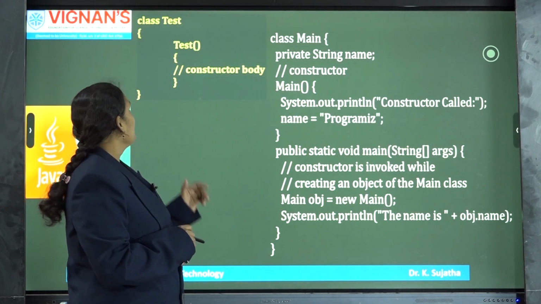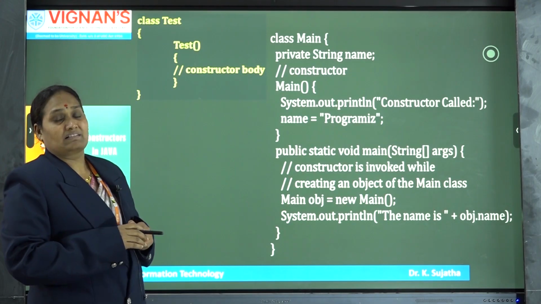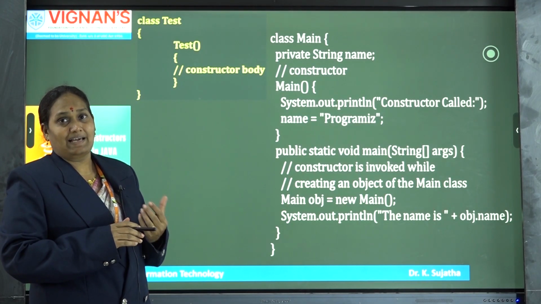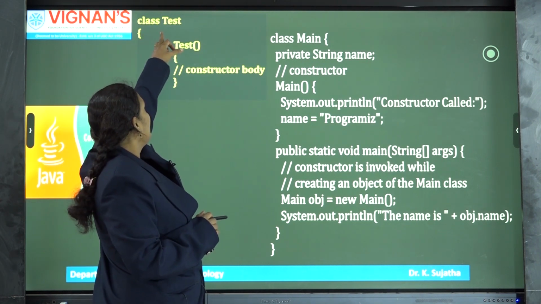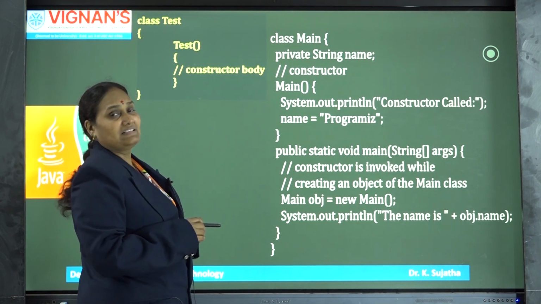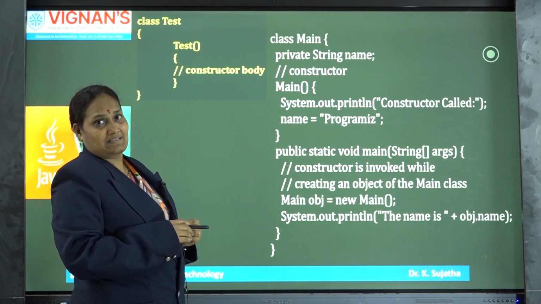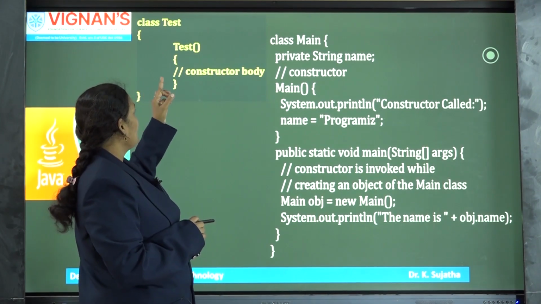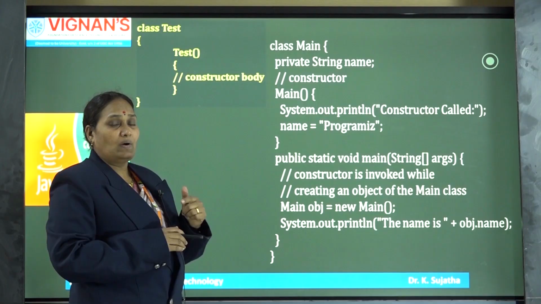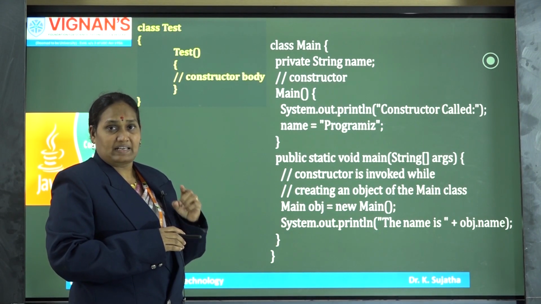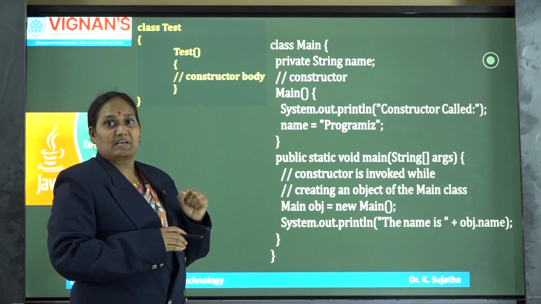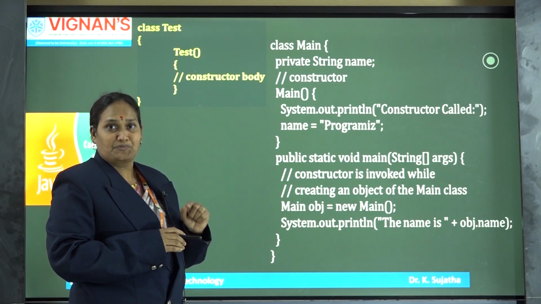And how to define a constructor, how to write a constructor, what syntax do we need to follow? See here, I have written a class with the class name Test. For this class, I want to create a constructor. Now how can I create it? I already informed you that the name of the constructor should be equivalent to the name of the class.